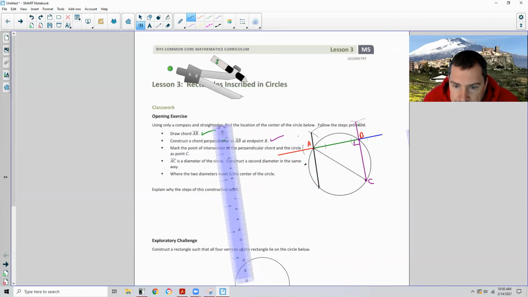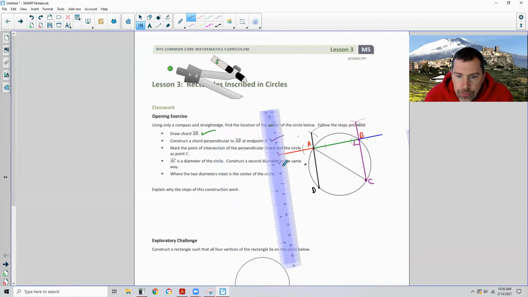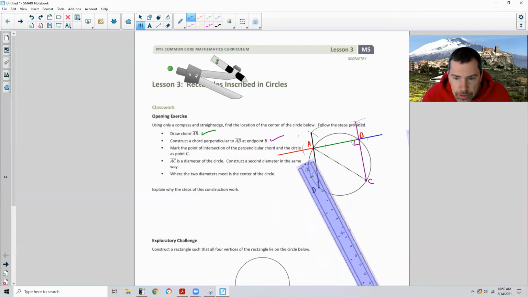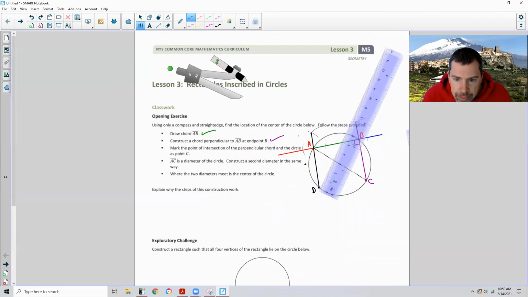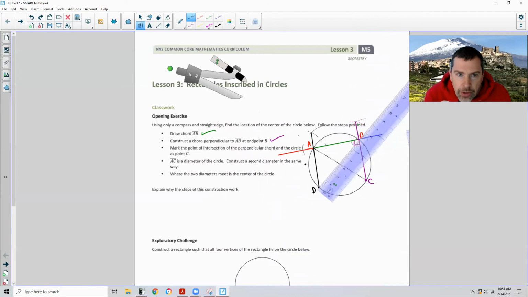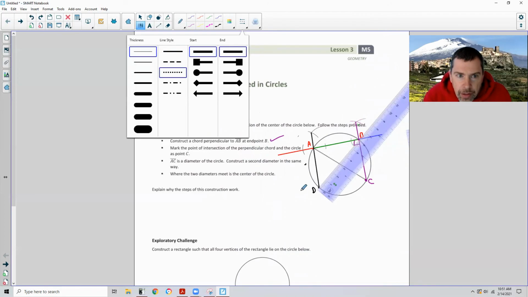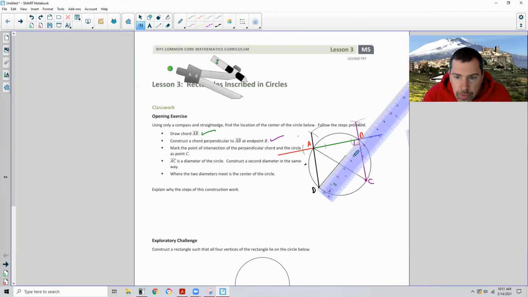So let's call that point right here D. Okay, and now I'm going to connect DB, and I'll use a dash line again.